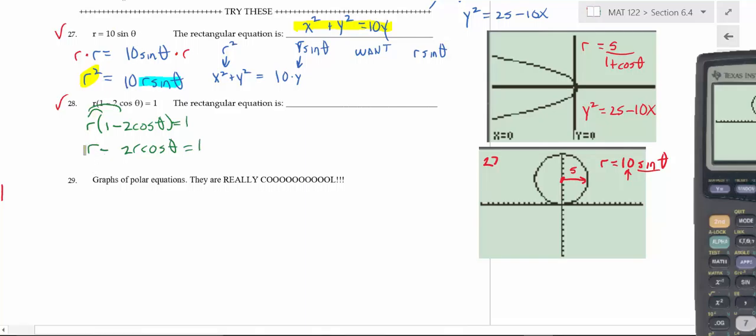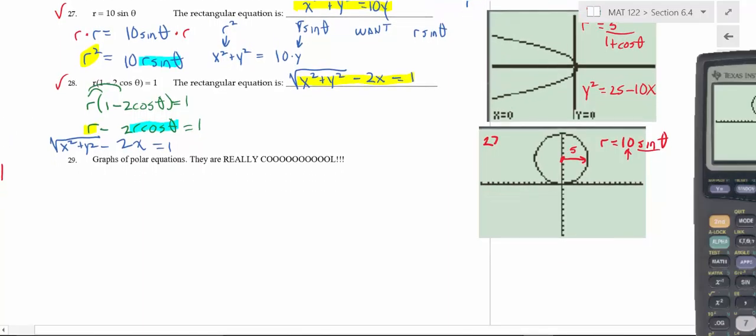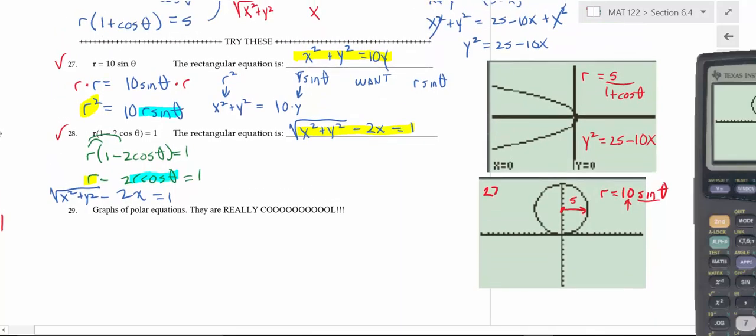Now we have two substitutions that we can do. r is, by the Pythagorean theorem, the square root of x squared plus y squared, and r cosine theta is x. So we'd end up having the equation x squared plus y squared minus 2x equals 1. That's going to end up being a parabola again on that one. We did one like that earlier. All right, that's all I want to do on that problem.